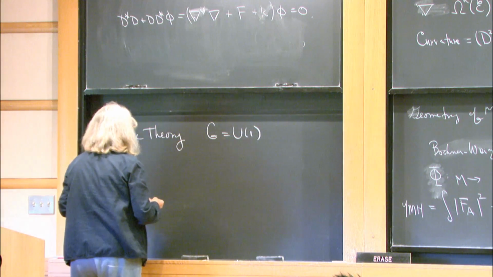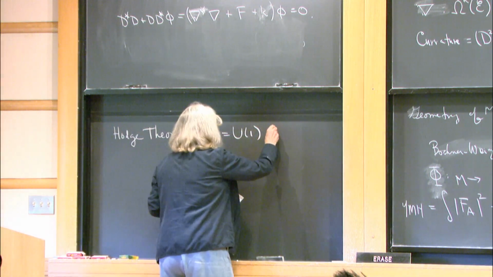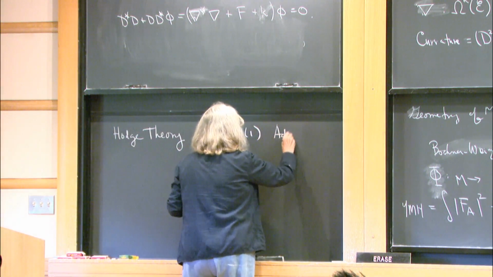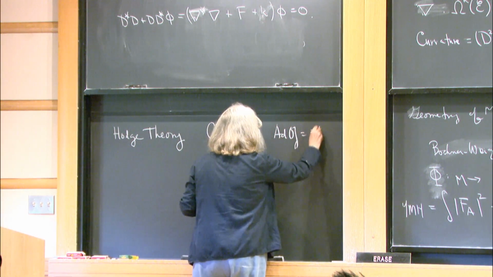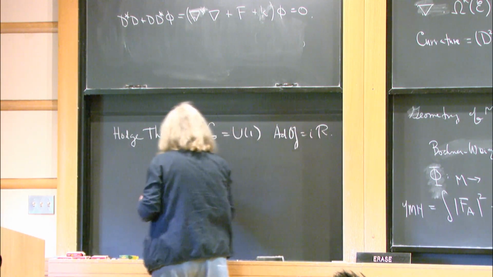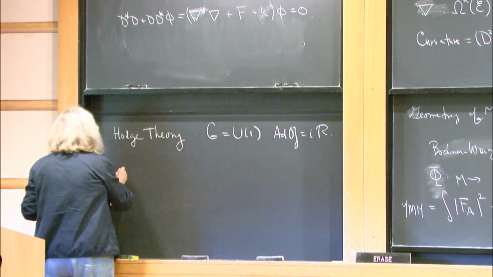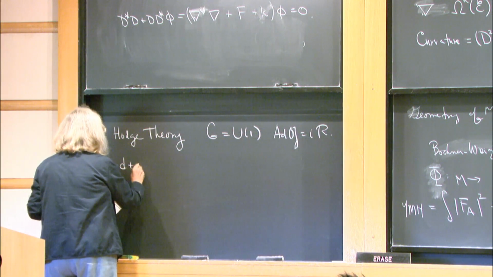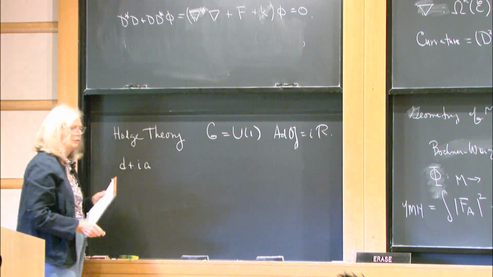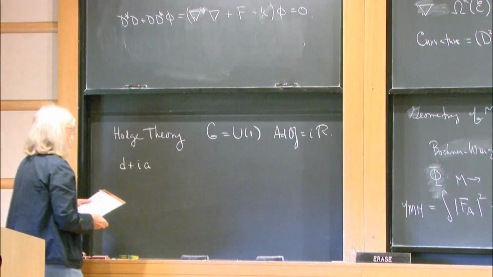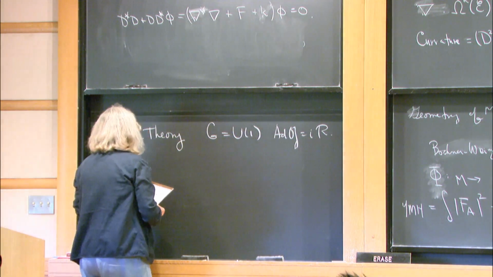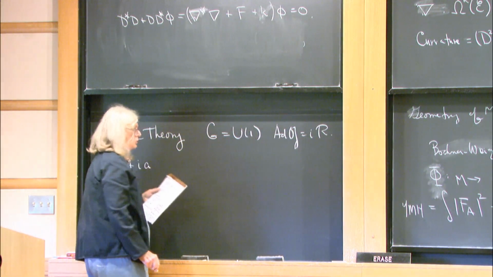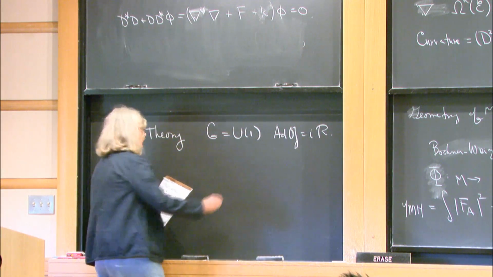Okay? And in Hodge theory, and again, I'm just looking at the curvature equations, the Lie algebra of G is i times the reals. And so in this case, my connection just looks like D plus i little a, where a is actually just a one form. Okay?